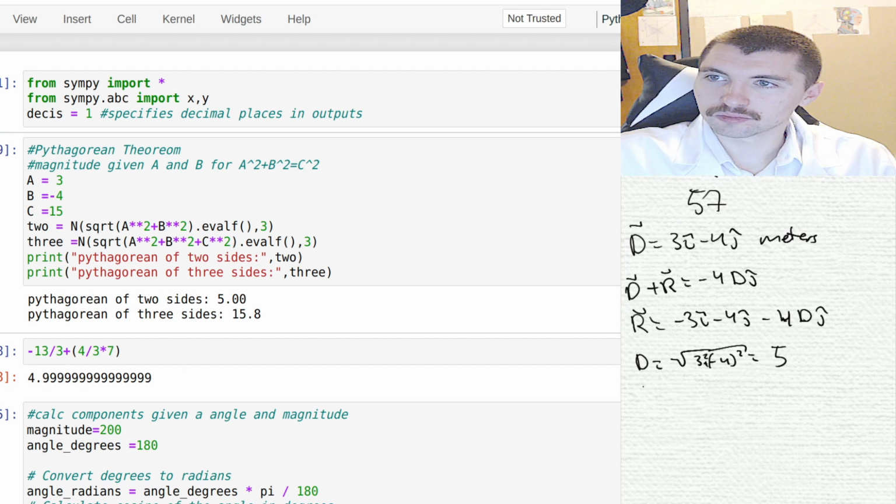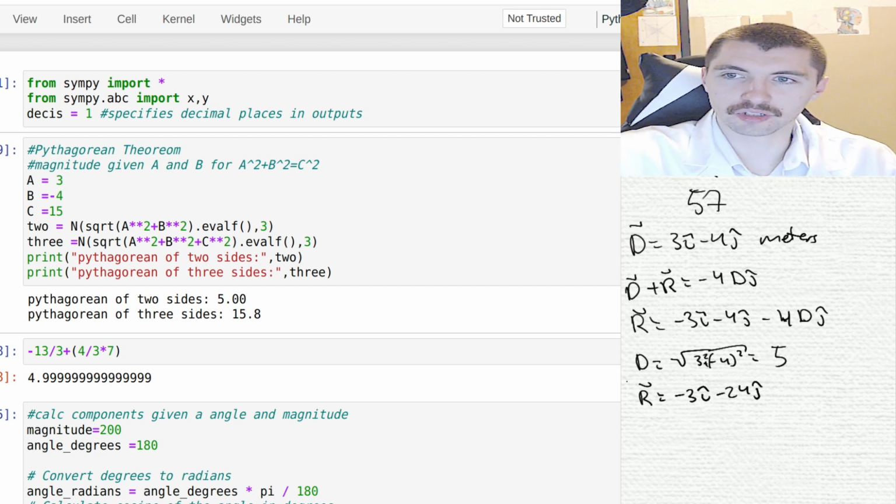So R is negative 3i minus 24j. Okay, that should be the answer.